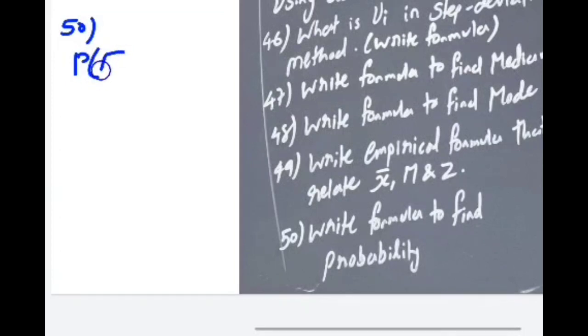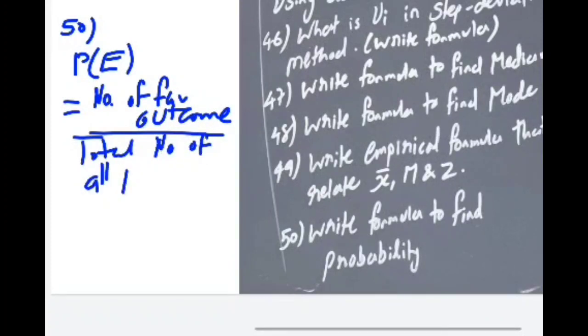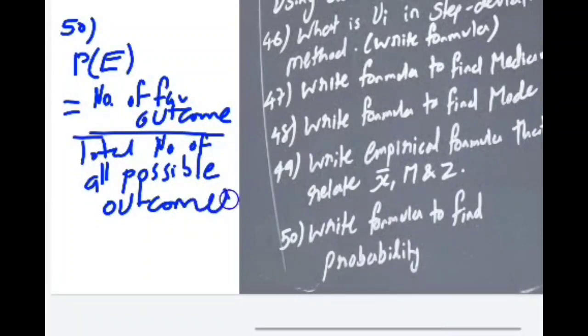So probability of any event can be given as number of favorable outcomes upon total number of all possible outcomes. Okay, so before writing any sum, you should write this formula. Okay, so you won't lose the mark, so it is important.